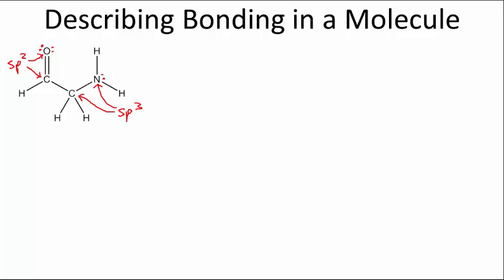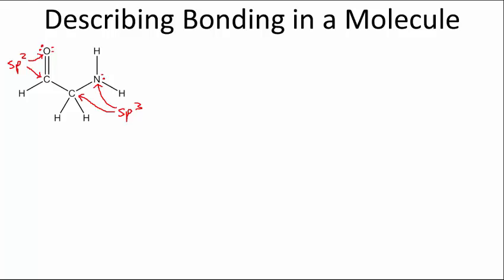All right, so now what we should be able to do is look at every pair of electrons represented in the picture and say, okay, what are the orbitals that pair of electrons is occupying? So we can start on either end. Let's start with the double bond over here.